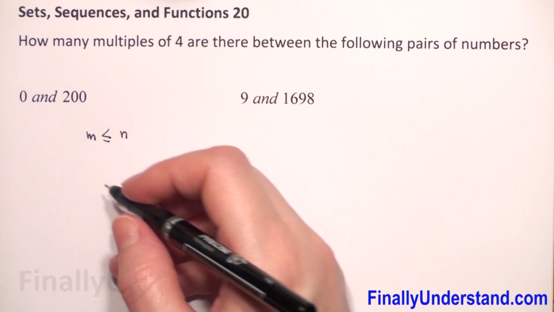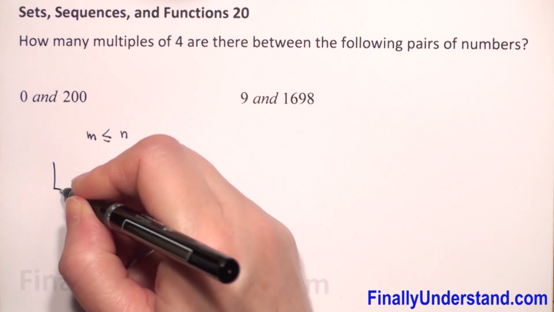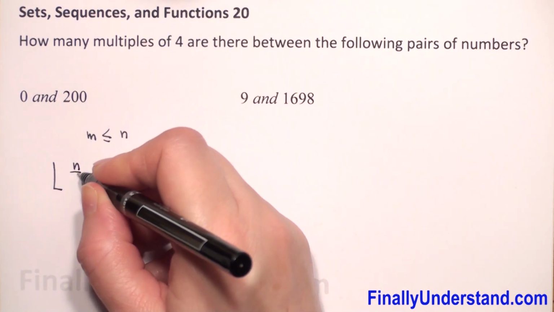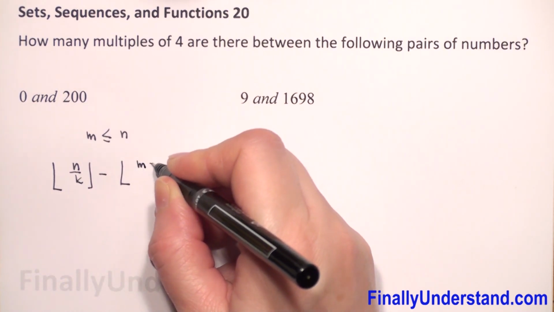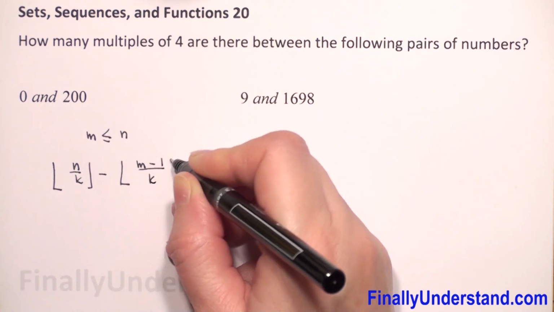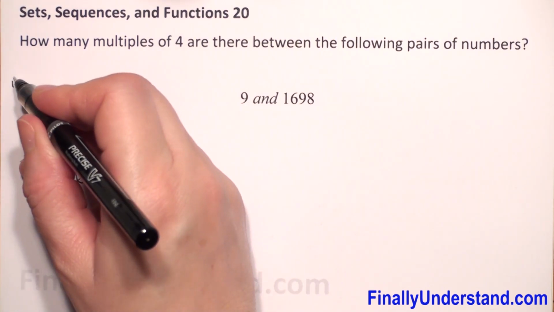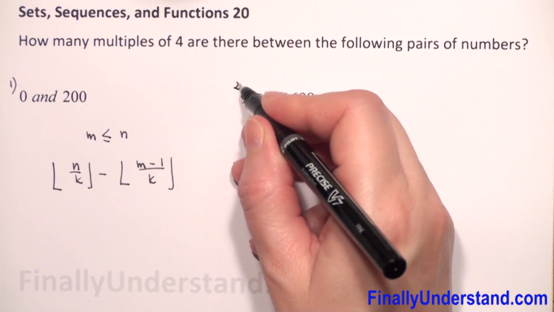So we have the formula floor of n over k minus floor of m minus 1 over k. This is our first example and second.